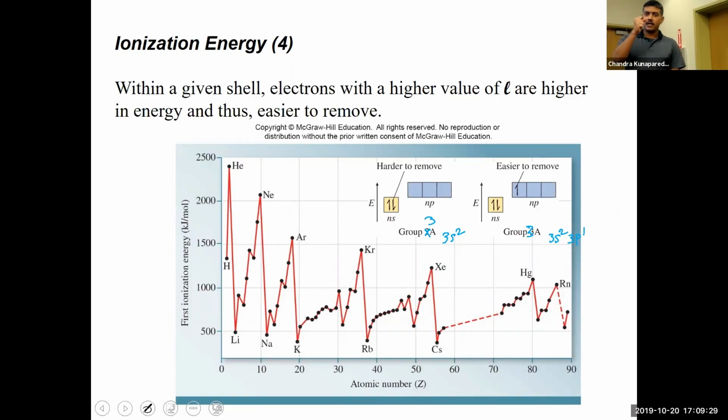And if you talk about ionization energy, which is the breaking of these attractions between the nucleus and the outside electron, obviously it is going to be harder to remove an electron from an s orbital, which has greater attraction between the nucleus and the s orbital, than an electron from a p orbital, which is not going to have as great an attraction as an s orbital of the same shell. So this is going to be easier to remove, which means it's going to have a low ionization energy.